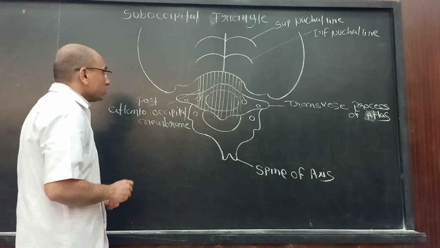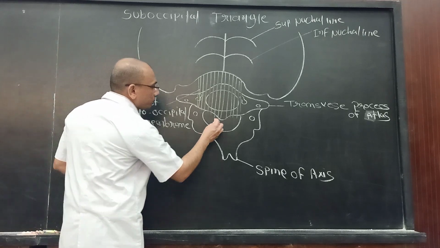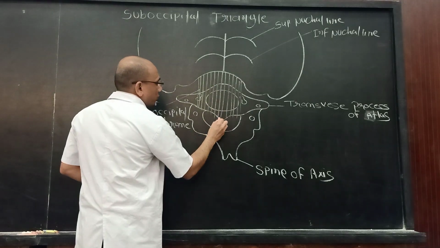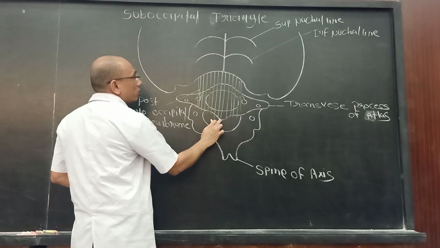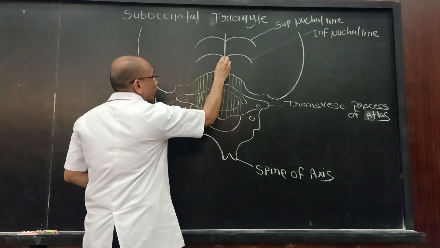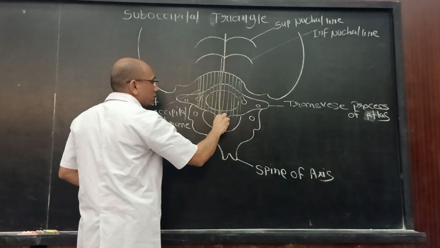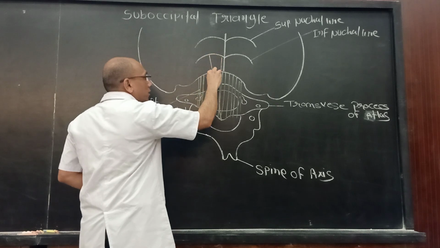Now I am drawing the muscles. First one, from origin of the posterior tubercle of atlas, the fibers going upward. Okay, I am drawing like that here and here.